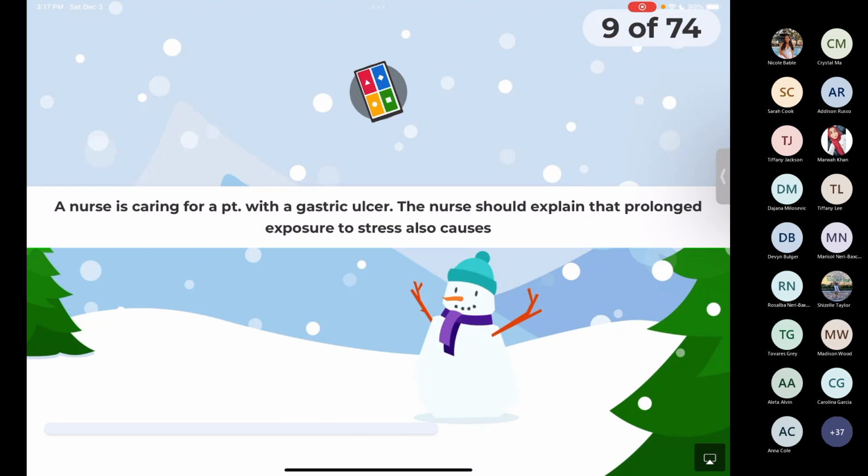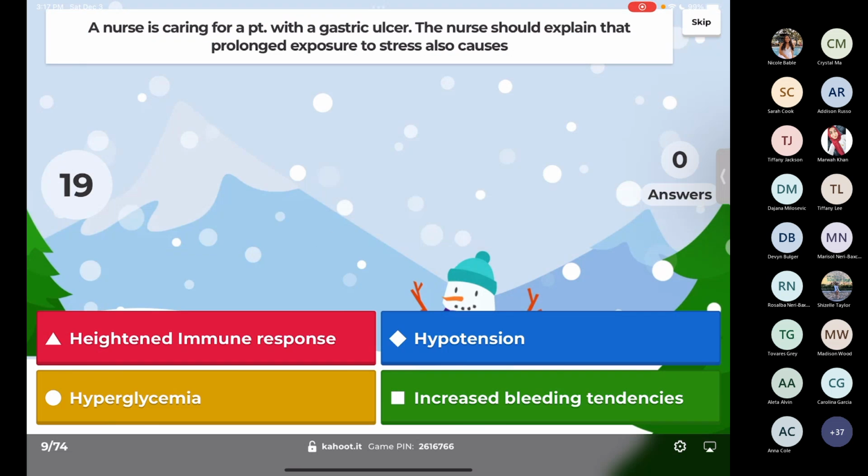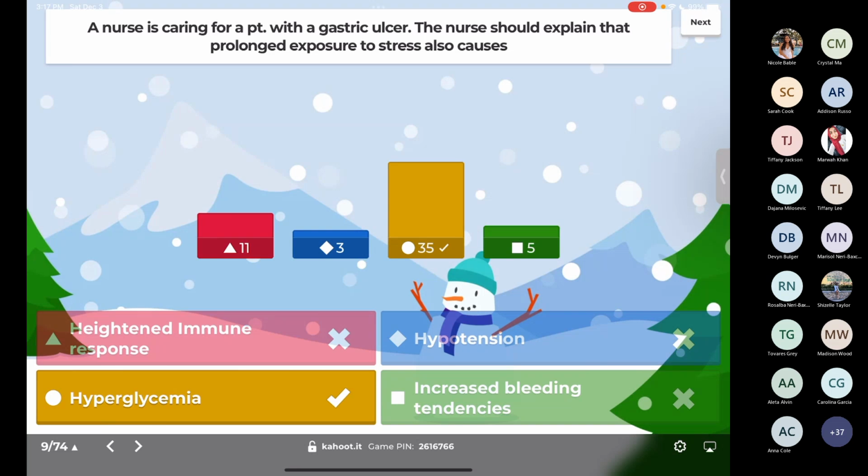A nurse is caring for a patient with a gastric ulcer. The nurse should explain that prolonged exposure to stress also causes... Awesome job, guys.